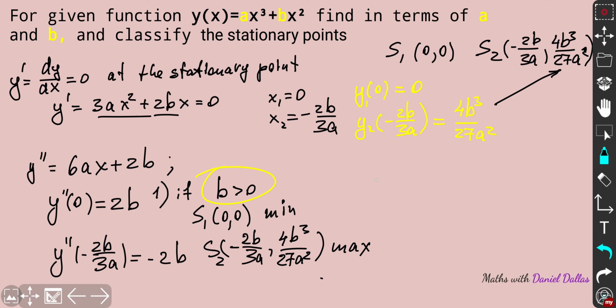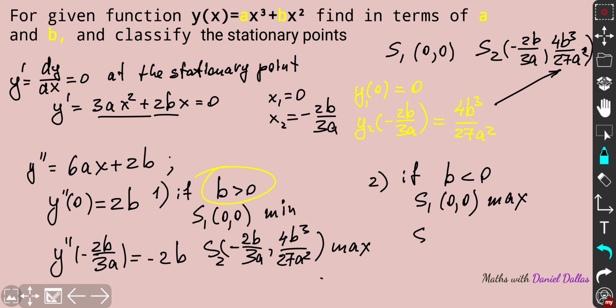when b is negative. So if b is negative, point S1 with (0, 0), let's have a look at the value. So we plug in the first point S1. That will be definitely a maximum, okay? So we'll have a max point.